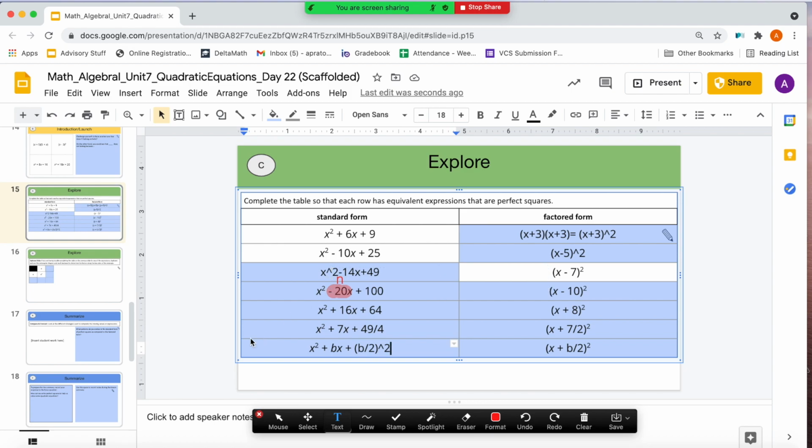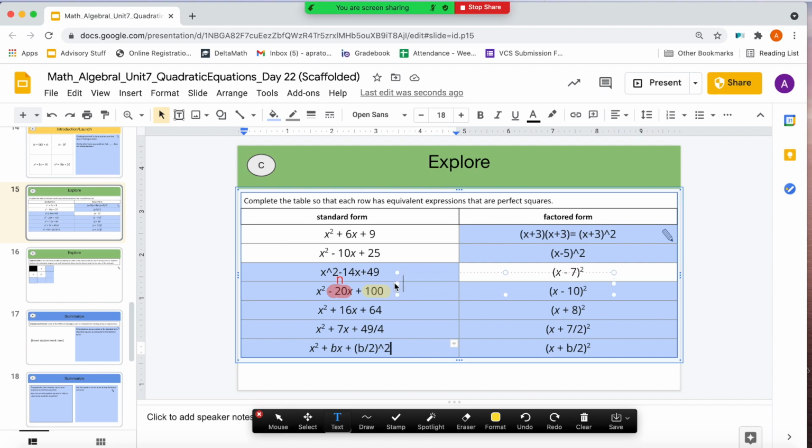I'm using the same color. Then I'm going to highlight the constant term in standard form and label it as n divided by 2 squared. So I'm going to choose a different color to highlight. Oops, I want to use a different color.